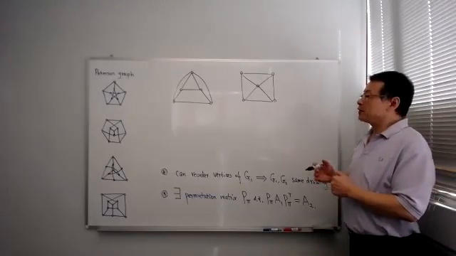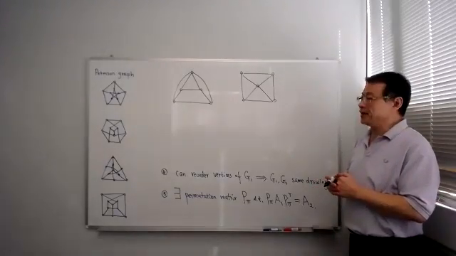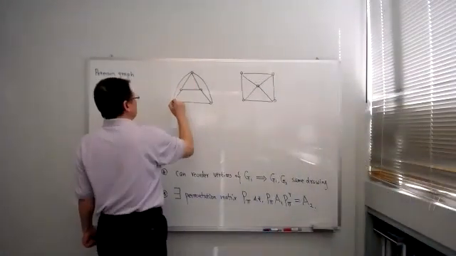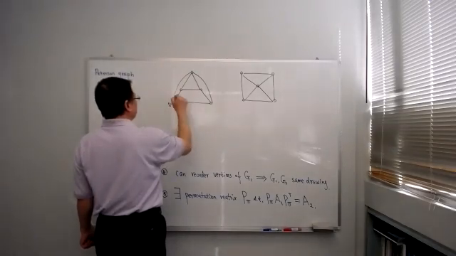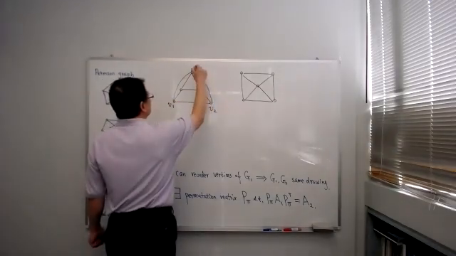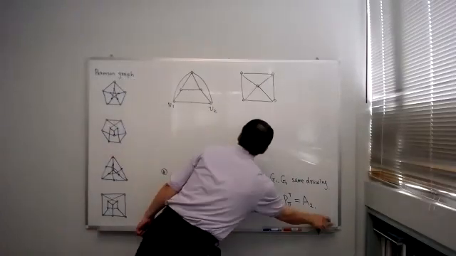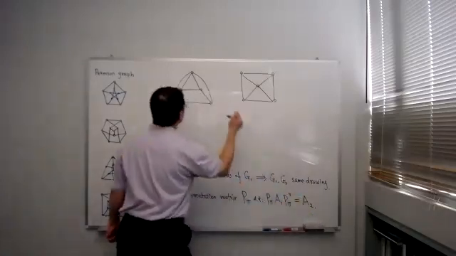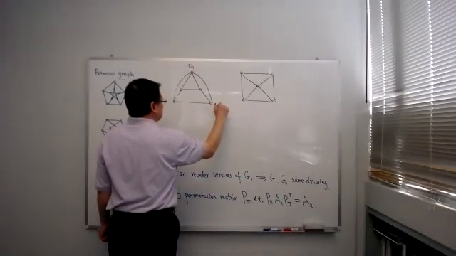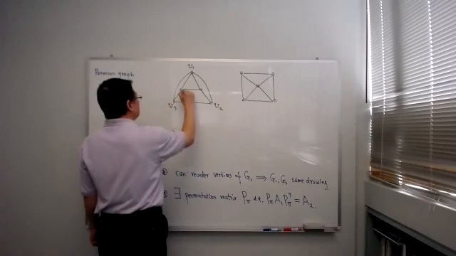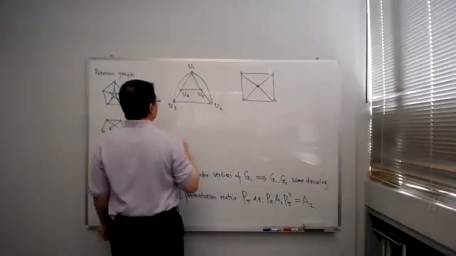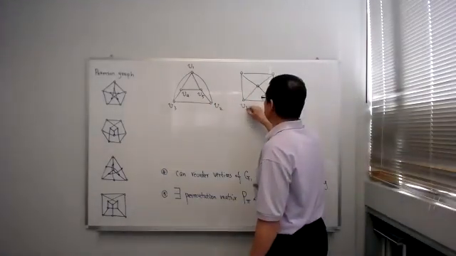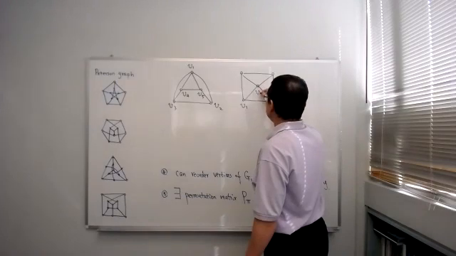But actually, these two graphs are the very same graph, with different drawings. So let's see. For this graph, let me label it this way. I give the vertices names. This graph I will also give names, maybe V1, V2, V3.